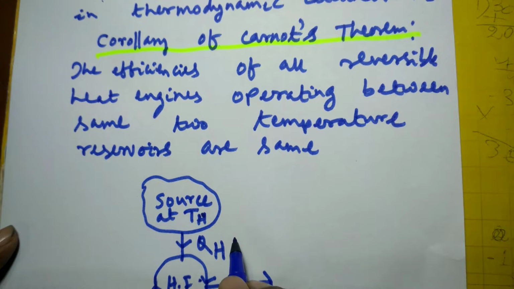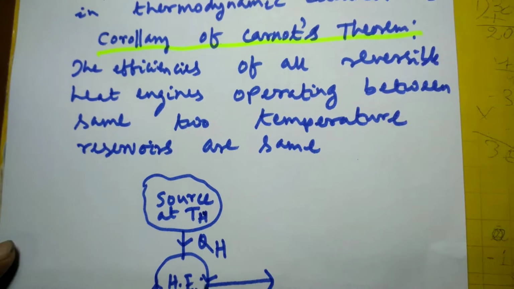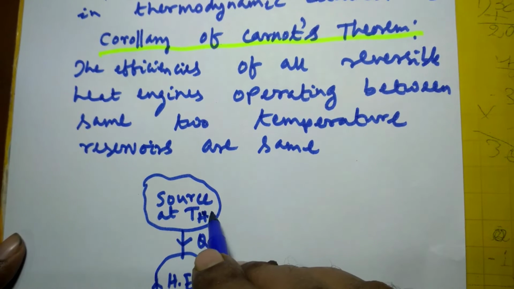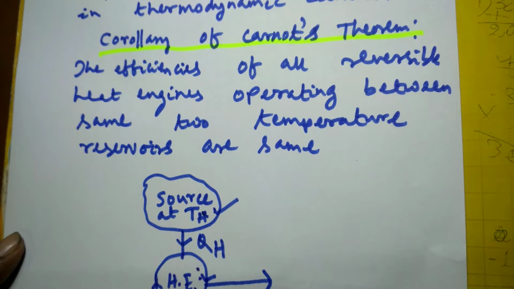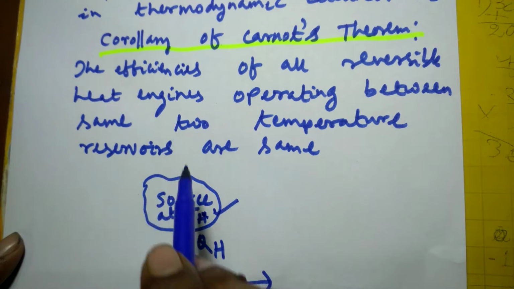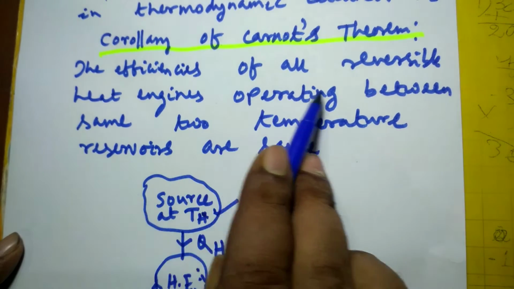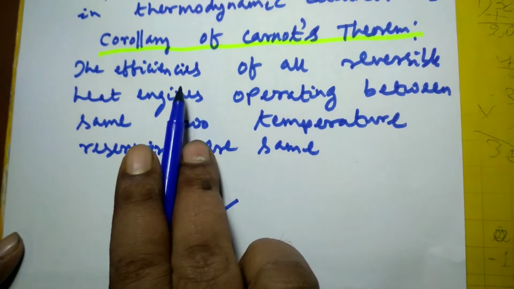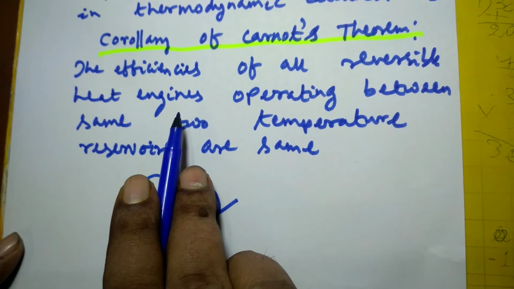It does not depend on anything else. The efficiency of any reversible cycle working between two temperature limits TH and TL only depends upon these two temperatures, TH and TL. This conclusion is obtained from this corollary of Carnot's theorem.